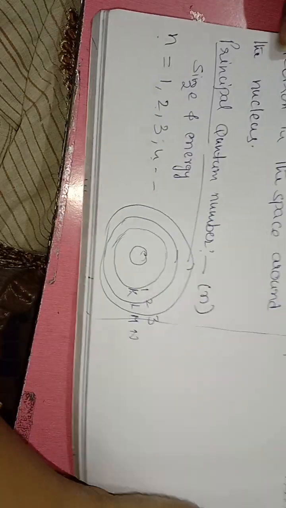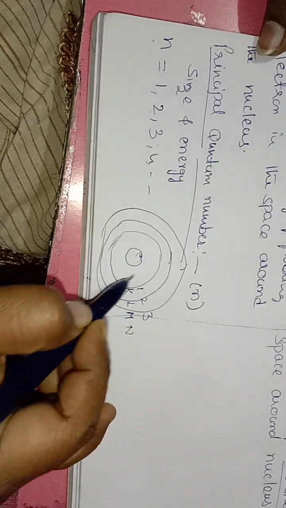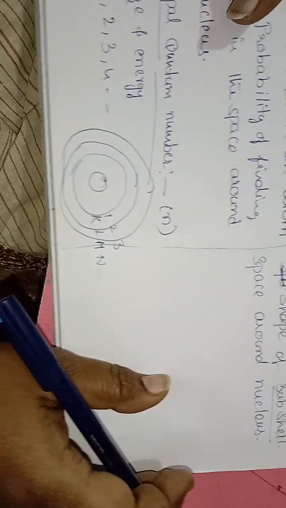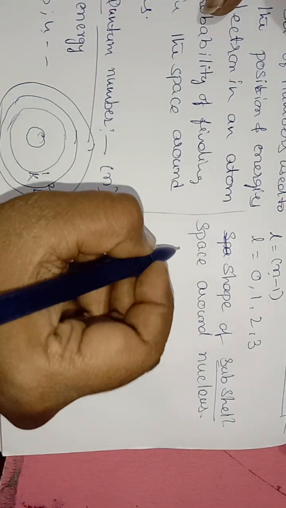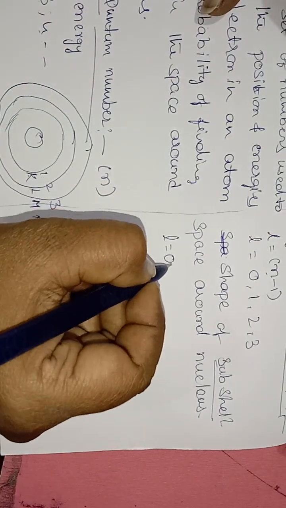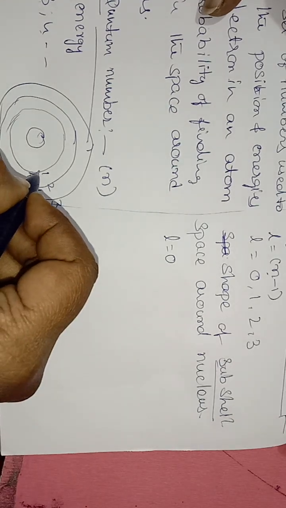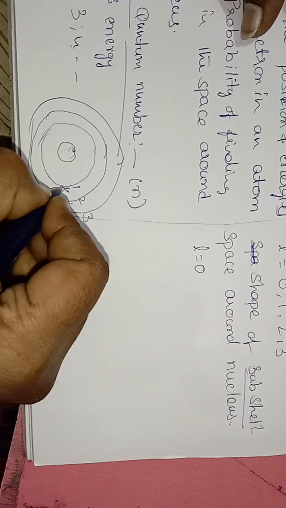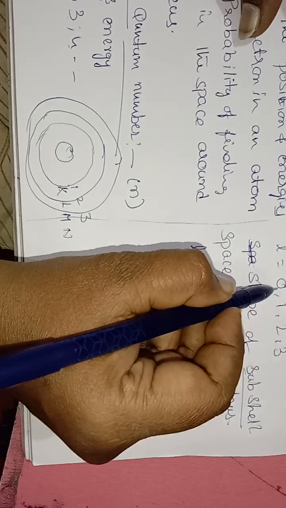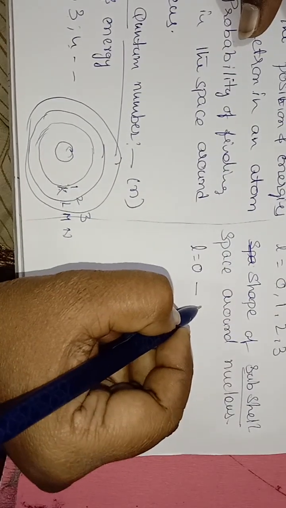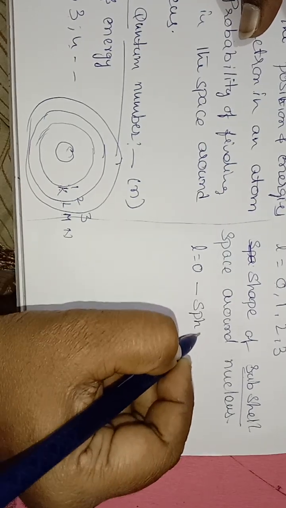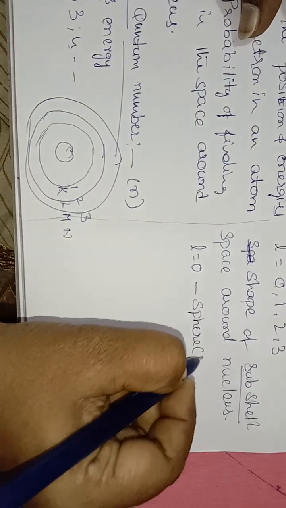Whatever we are discussing, electrons are revolving within the region, right? But they follow particular shapes whenever revolving around the nucleus. Suppose if the l value is 0, means first principal quantum number, right? If n equals 1, the l value will be 0, 1 minus 1, 0. Right? This shape is given by sphere or s.